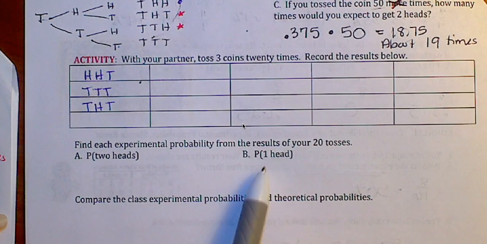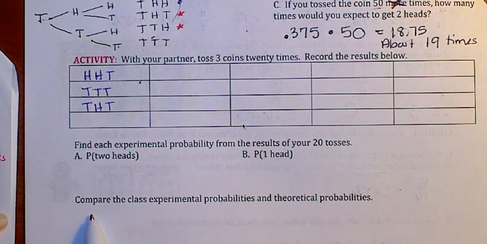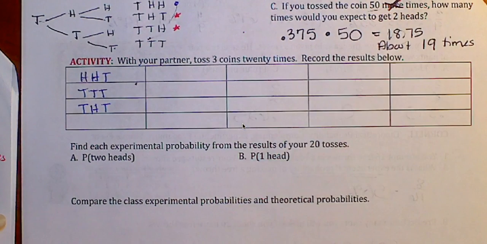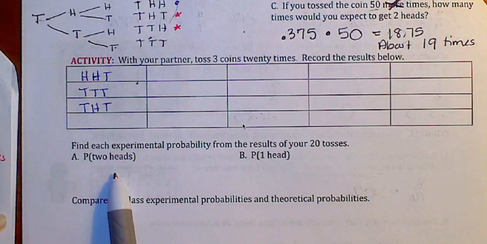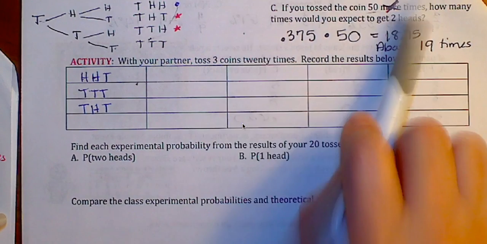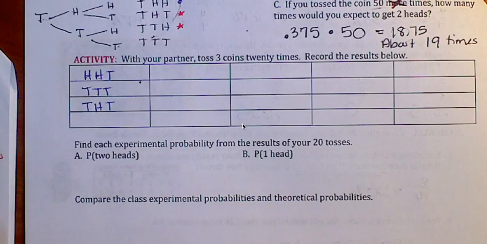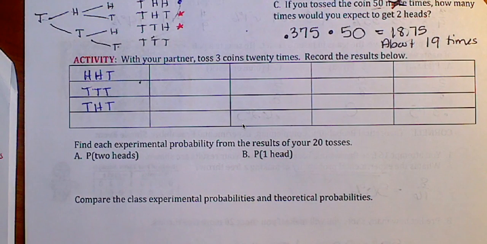And how many times did you get exactly 1 head? And after we run that experiment, we're going to compare the experimental probabilities with your theoretical probabilities, with what you got when you ran the experiment, and see how that went. So we're going to pause the video here so we can complete that with your partner.